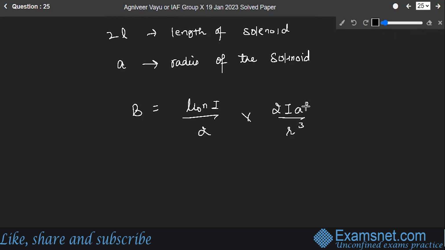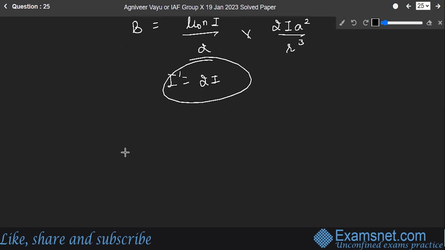So if the current in the solenoid is doubled, then the magnetic field at that point will be given by, see, first of all, when the current is doubled, that means I dash is equal to 2I. So the magnetic field will be given by mu naught Ni upon 2 and I dash upon 2L A square upon R cube.